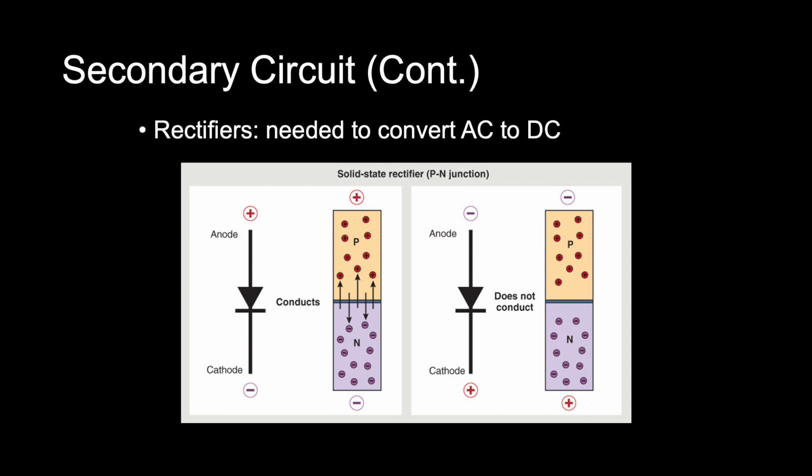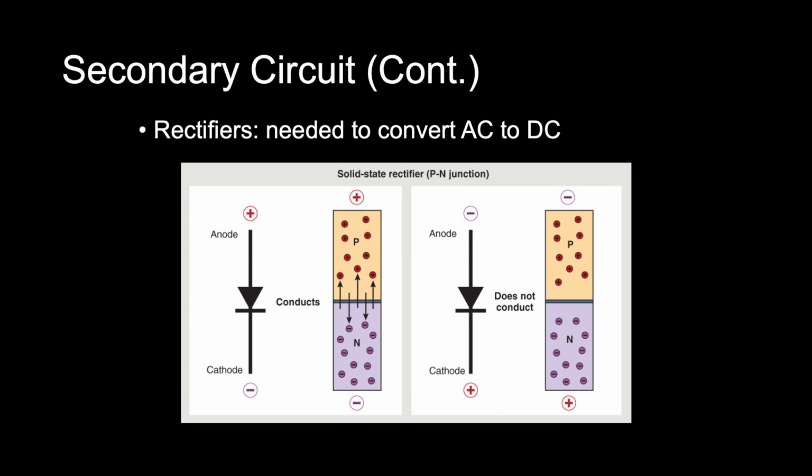The rectifier commonly used in today's X-ray circuit is a solid-state rectifier. This device is made up of two semiconducting crystals. One is a p-type crystal, and the other is an n-type crystal. So the solid-state rectifier is also called a p-n junction.